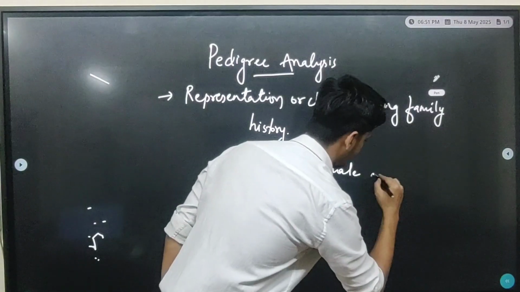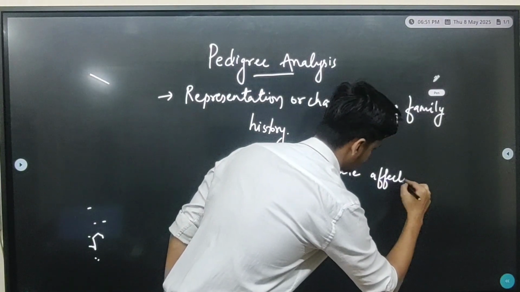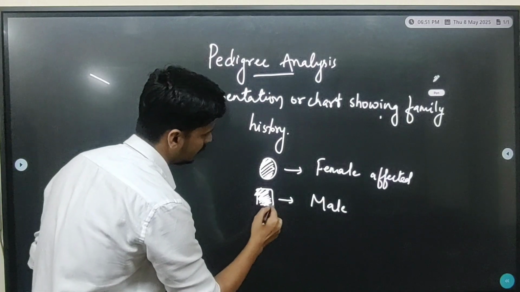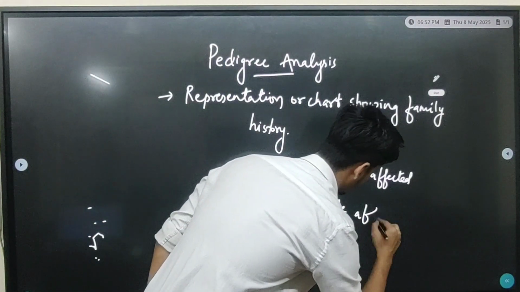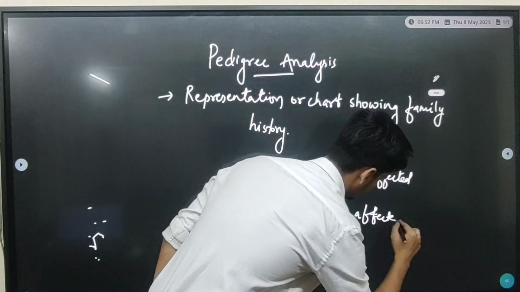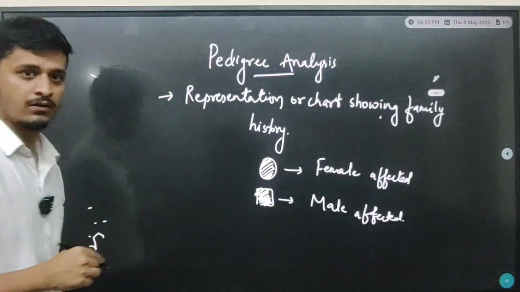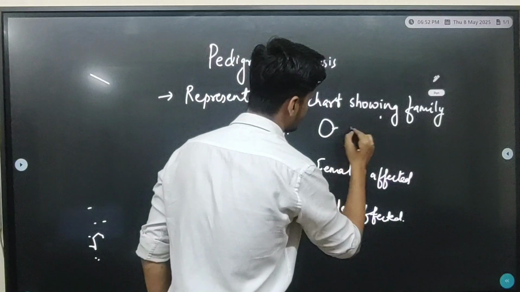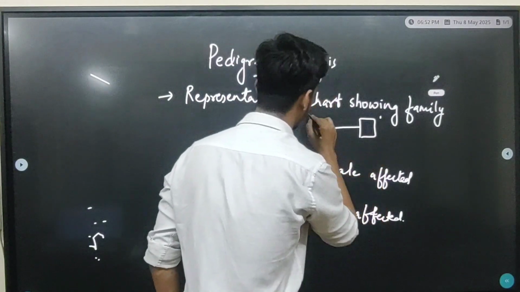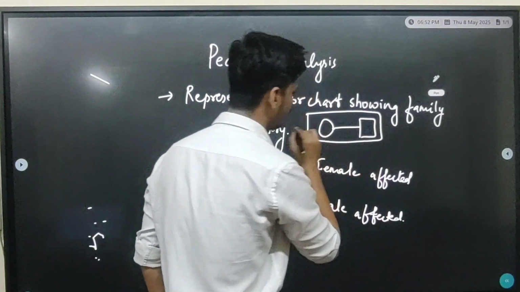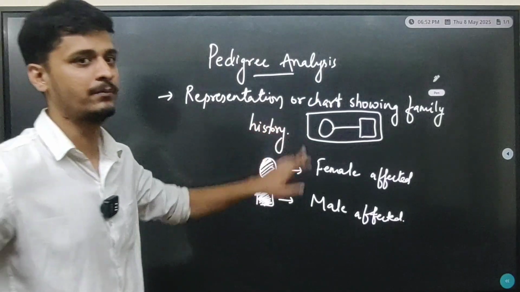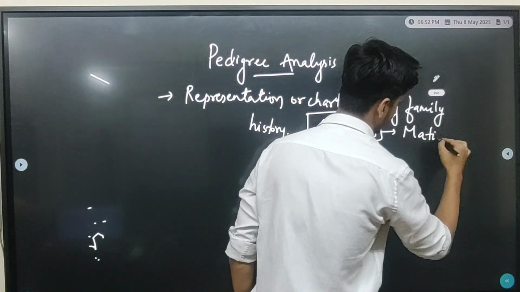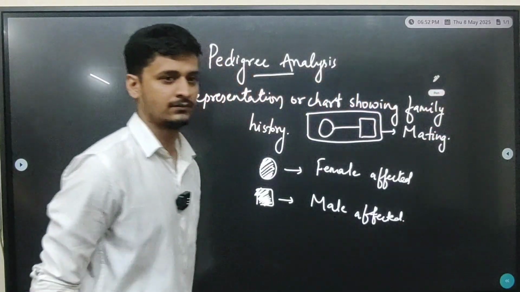So this is an affected female, and if this square is colored, it is an affected male. And if there is a circle and square joined in this fashion, then there is mating of male and female. So this represents mating.